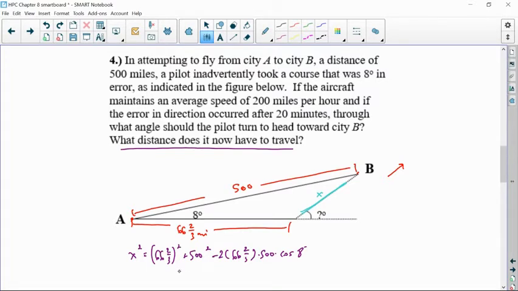So x is equal to 434.081. Okay, miles. So that's how far he is from city B.